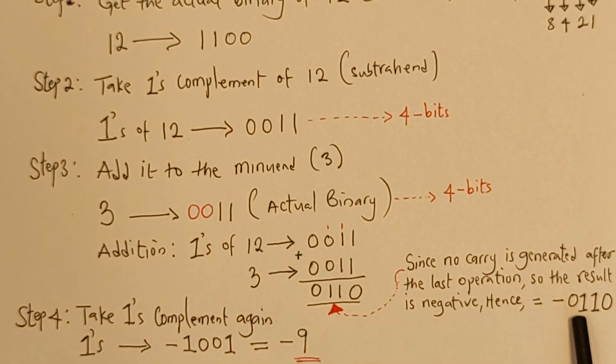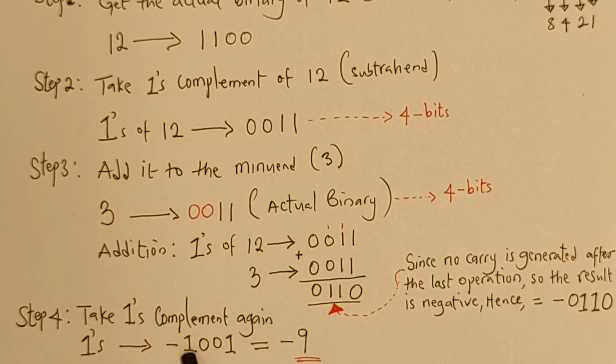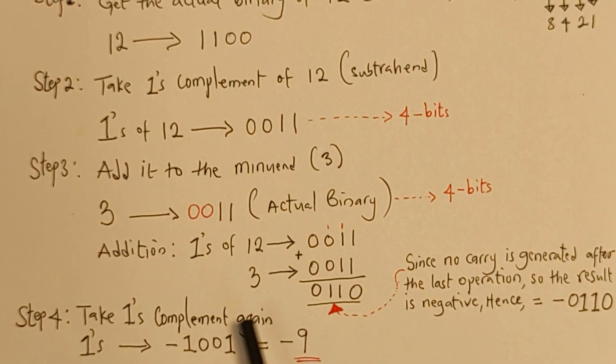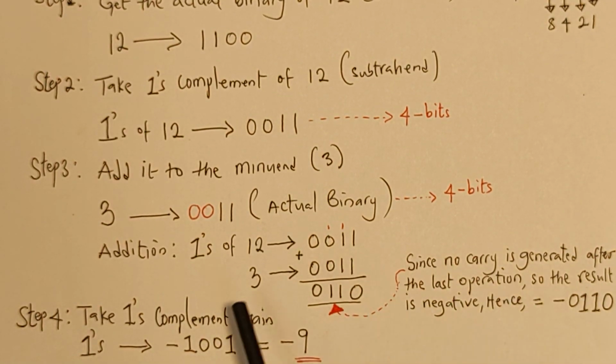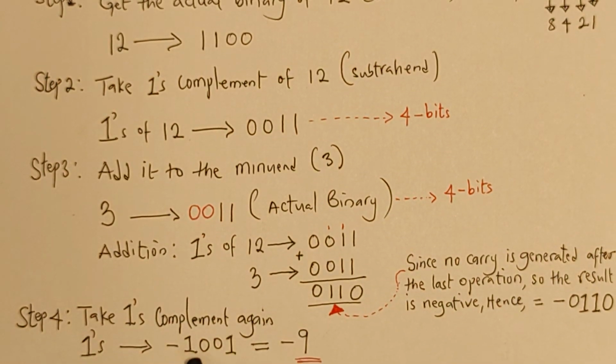Where you have 0, you're going to have 1. Where you have 1, you're going to have 0. Where you have 1, you're going to have 0. And the final bit, 0, becomes 1. If we convert this to decimal, we have -9.